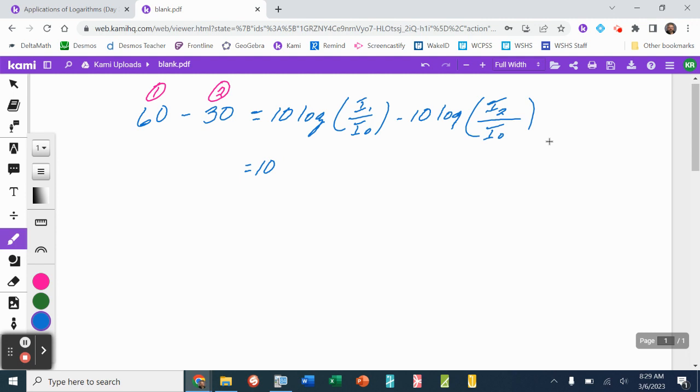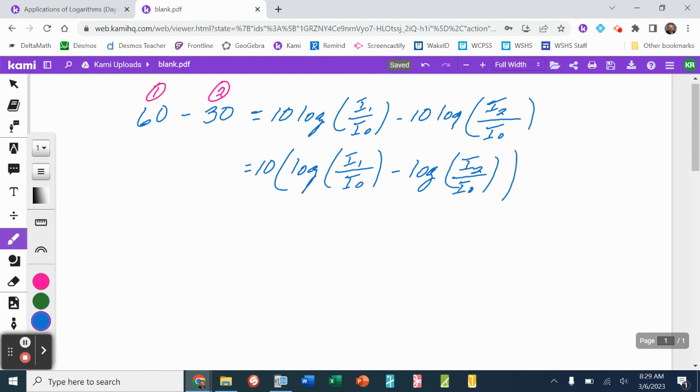So I'm going to have 10 times this common log of the intensity of that first noise, that is the normal conversation, divided by the intensity of the threshold of hearing, minus the common log of the intensity of that second noise, that is our normal whisper, divided by the intensity of the threshold of hearing.